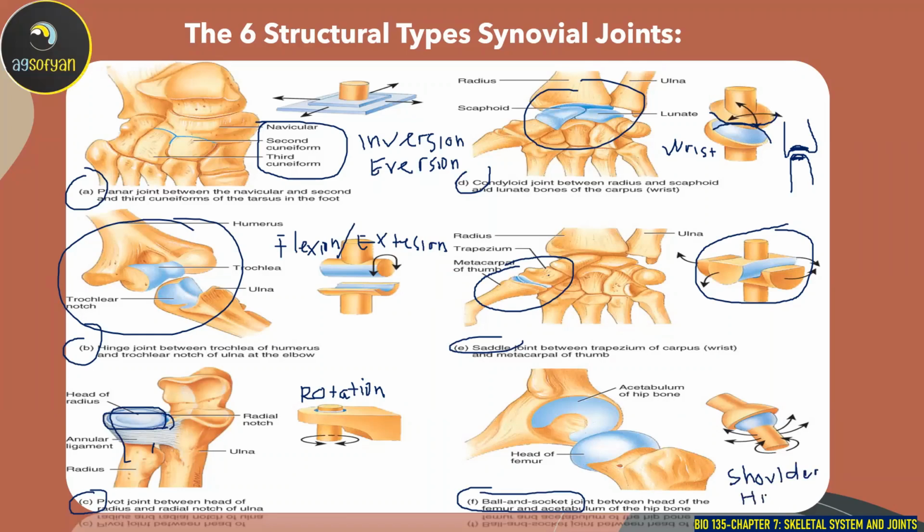So the hip joint is also ball and socket. If you see over here, there is a ball structure, which is a process, and there is a cup or socket structure, which is actually a depression in the bone. And it gives the ball and socket type of joint. Again, this is the most freely movable type of joint.